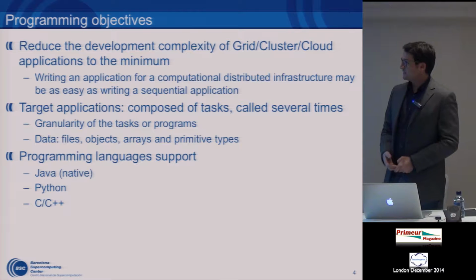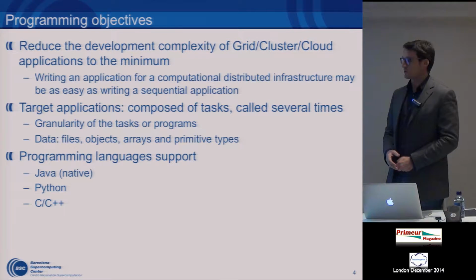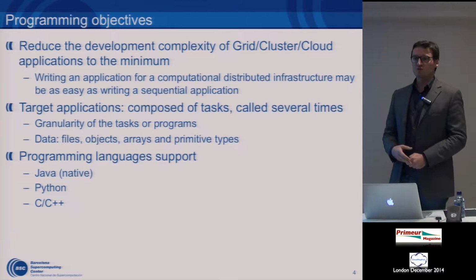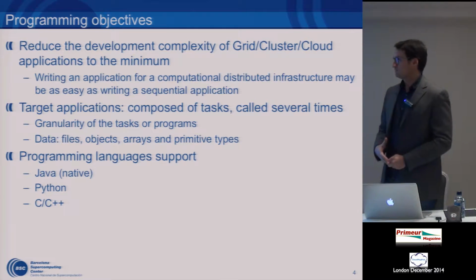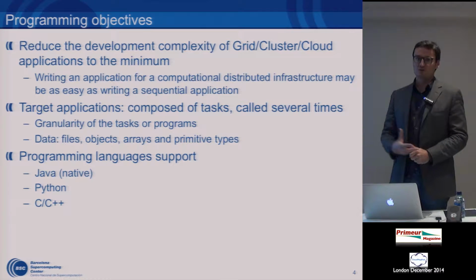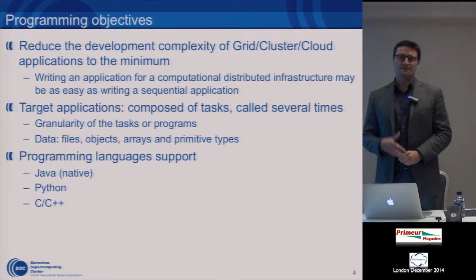The target applications that we deal with in this specific programming framework at BSC, COMPSs superscalar, are applications composed of tasks, where the granularity of these tasks are programs. So we are not talking about threads or processes like in MPI, for example.